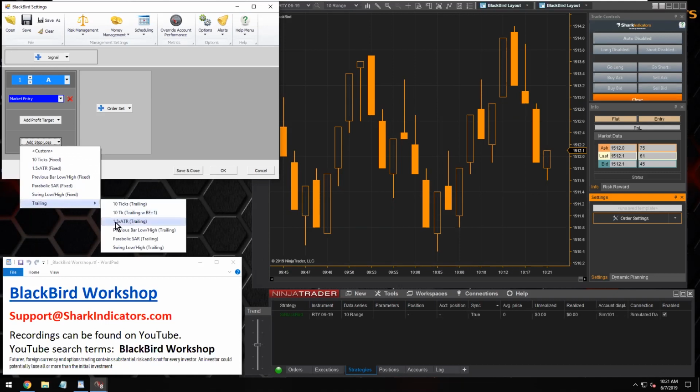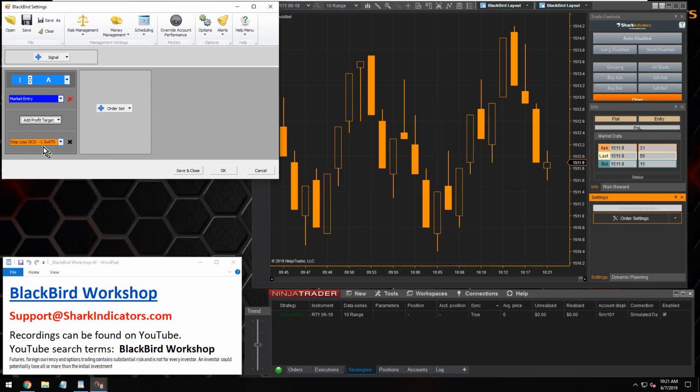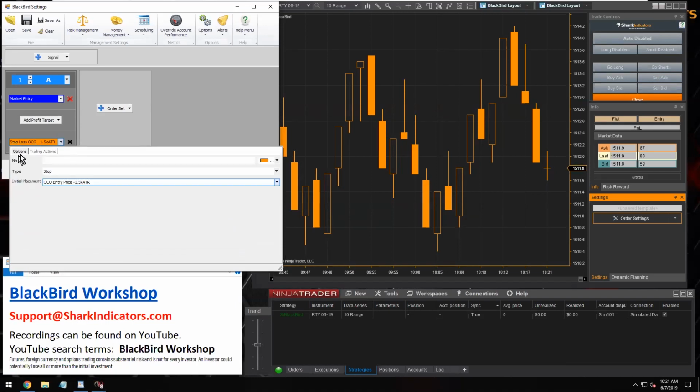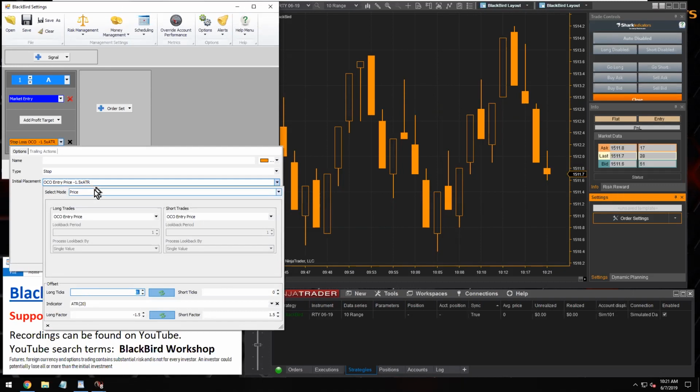Let's take a look at the 1.5 ATR trailing. Let's look at the options tab first and the initial placement. Again, stop losses typically take the entry price and subtract some kind of offset.